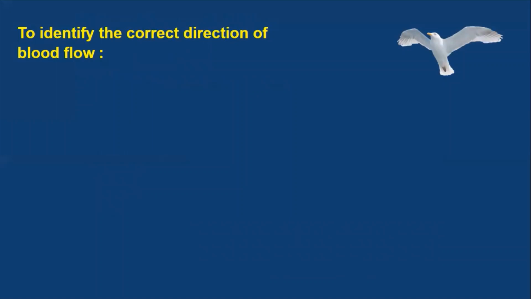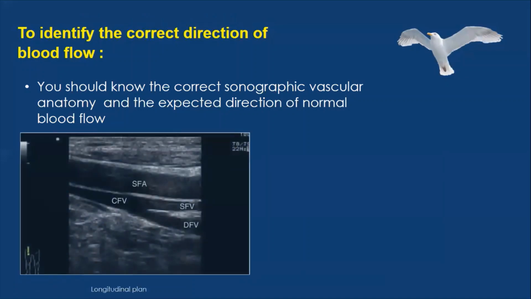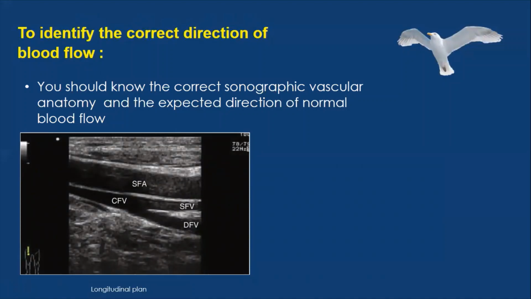So if we are now going to the main core of the topic, I think we are all familiar with the Siegel sign. If you want to identify the correct direction of blood flow, we should know the correct sonographic vascular anatomy and the expected direction of normal blood flow. For example, we have this sagittal image for the lower vessels.